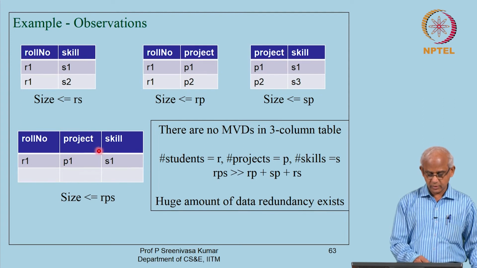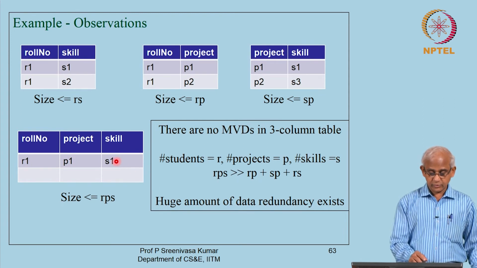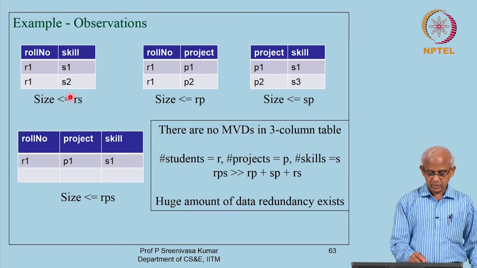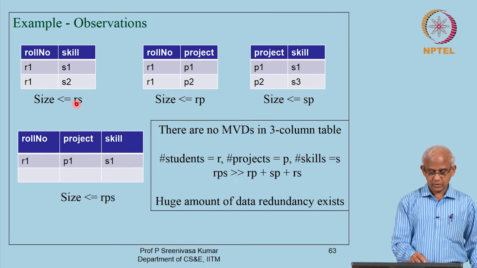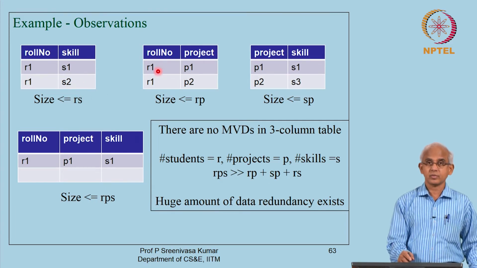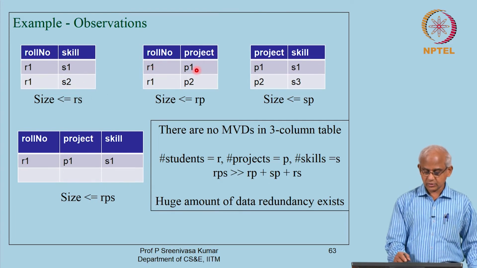Okay. Now, if you focus on this, the maximum size of this can be at most R times S. Okay. So, every student may not have every skill. So, typically it might be much smaller than R times S, but the maximum is RS. In a similar way, every student may not be interested in every project, and so this will be less.